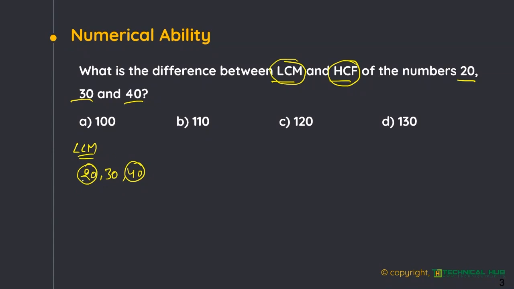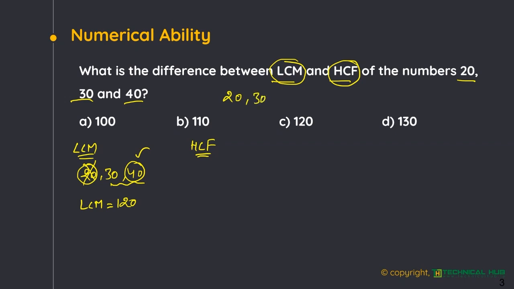And next, 30 and 40. What is the LCM of these two? 120. The LCM of 30 and 40 is 120, right? And so the LCM of these three numbers is equal to 120. Now we have to calculate the HCF of those three numbers. First, take any two numbers among 20, 30 and 40.